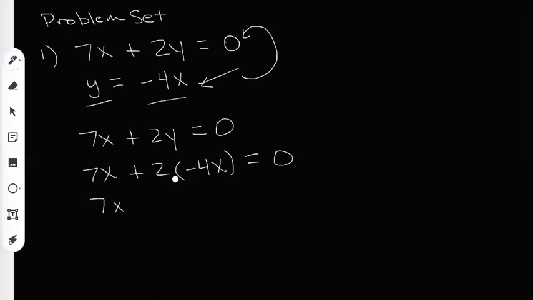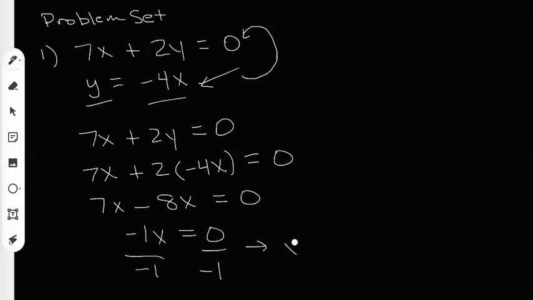I multiply by 2. So 2 times negative 4x is going to give me negative 8x. 7x minus 8x is going to give me negative 1x. And then I can divide by negative 1 to get my x by itself. And I get x equals 0.